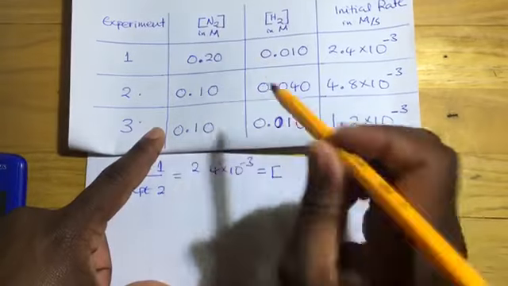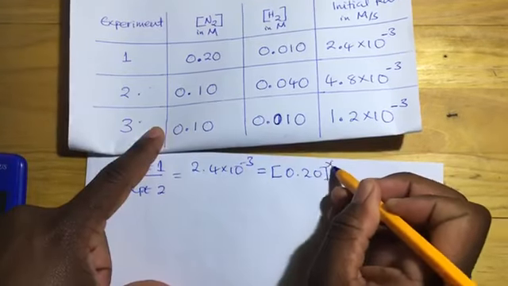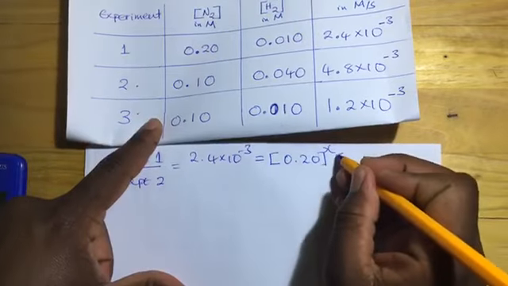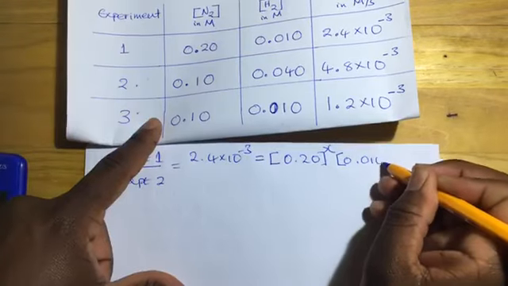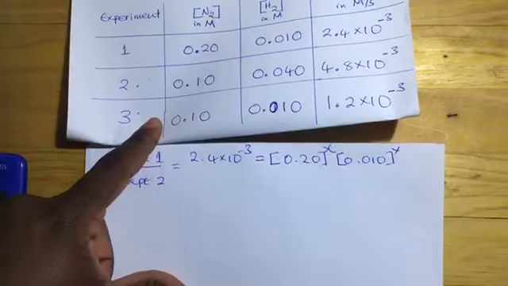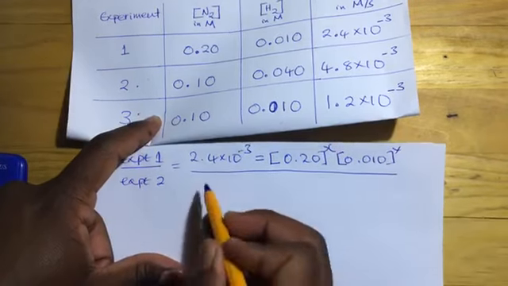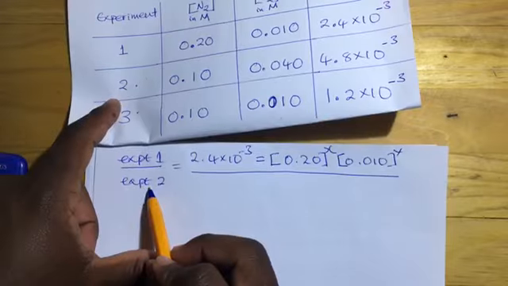Concentration of nitrogen for experiment 1 is 0.20, and this is being raised to the power x. Next, this is going to be concentration of hydrogen, which is 0.010, everything to the power y. Okay, we are done. Divided by experiment 3. Oh, sorry. Did you say 1 and 2?